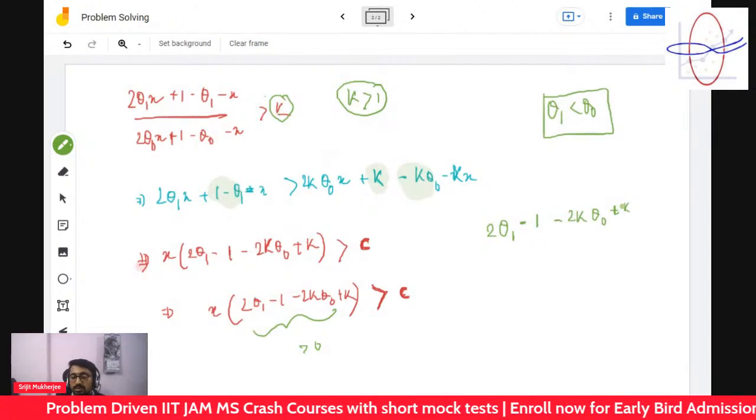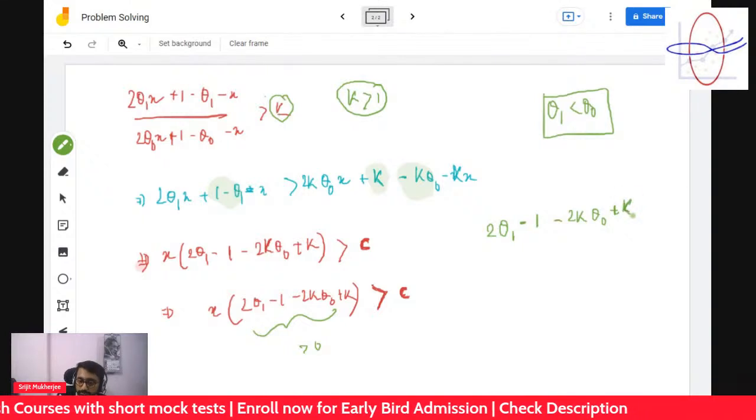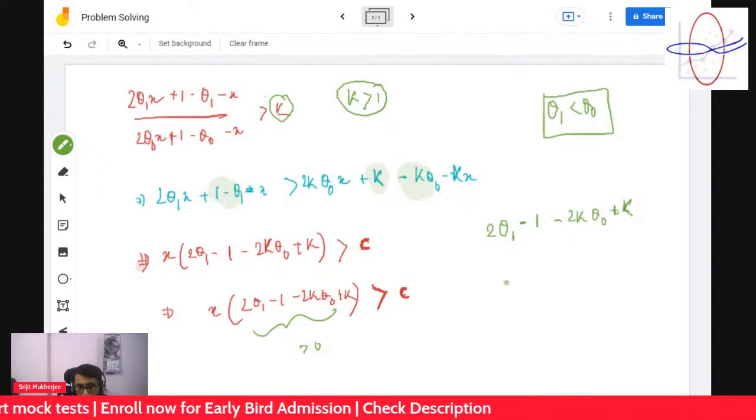But let's see whether this is positive or negative. So how do you see whether this is positive or negative? What is the way out?